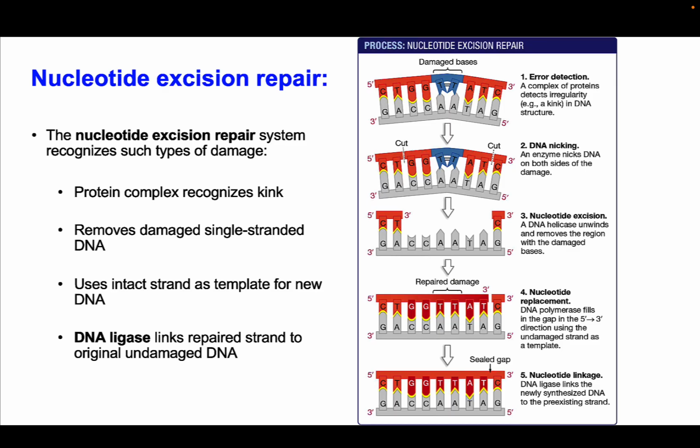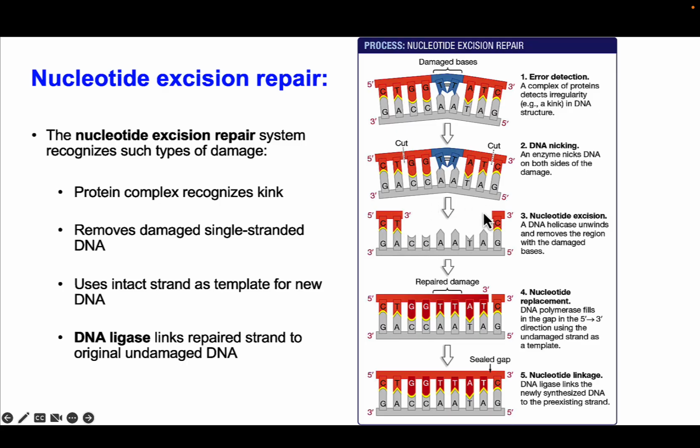So the cell has enzymes that can fix this, and the name of this system is called nucleotide excision repair. This is a protein complex that can recognize these kinks. Here we've exposed these cells to UV damage, and this kink is detected. These enzymes come in and make cuts in this region where we have these thymine dimers, so it'll cut it out, or excise it.